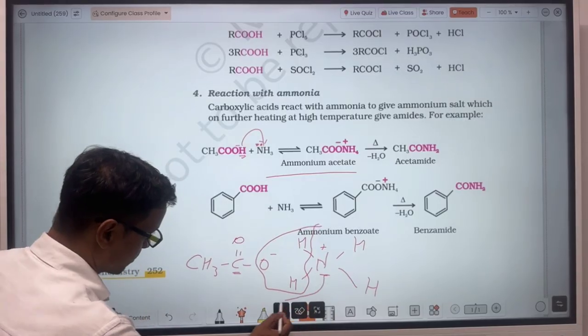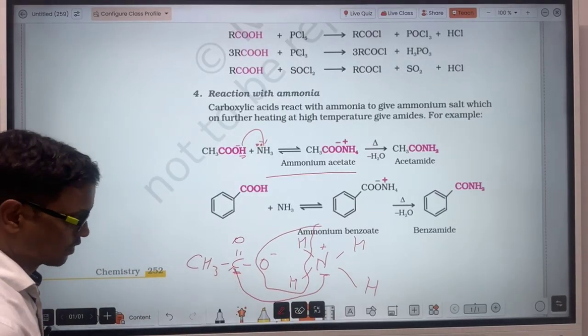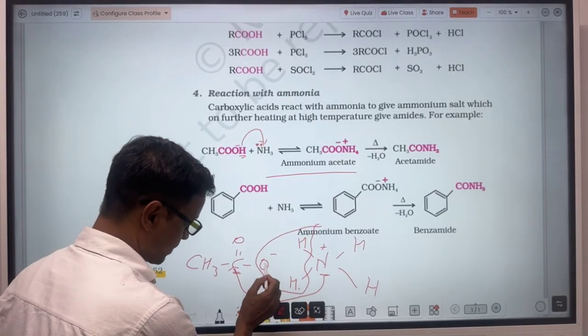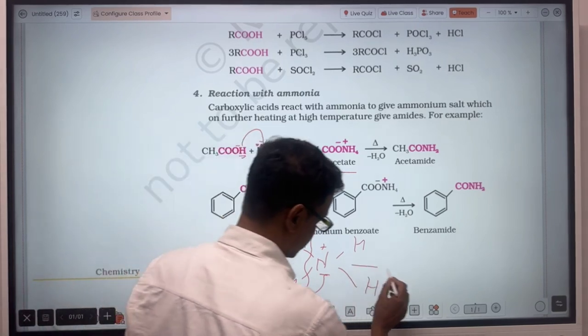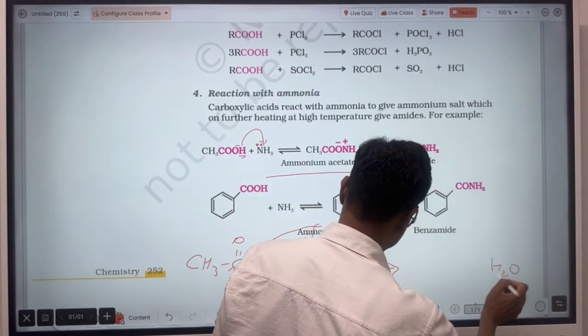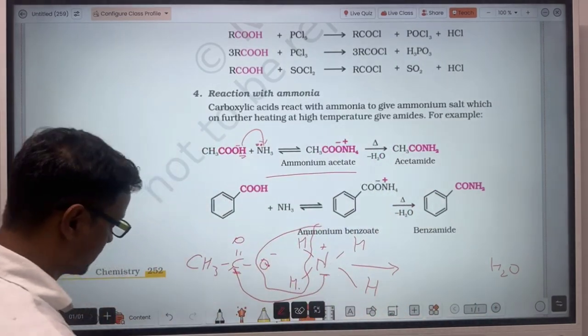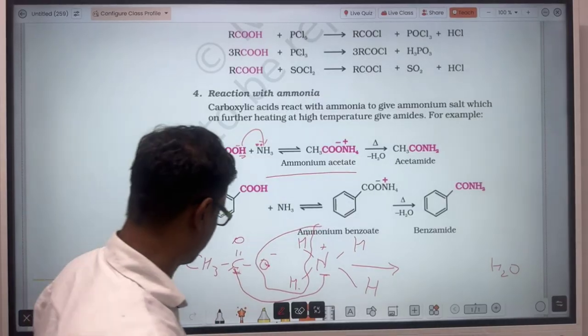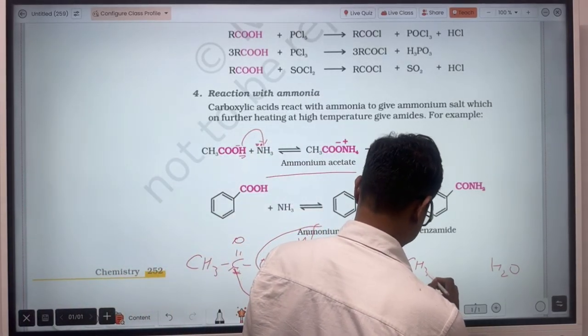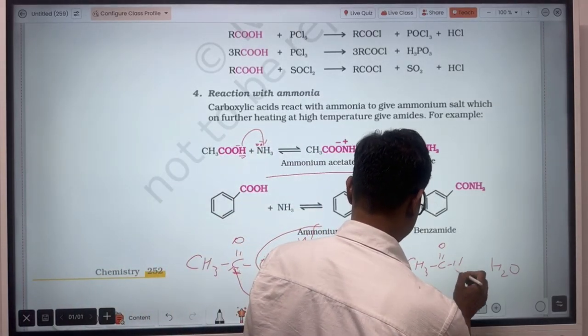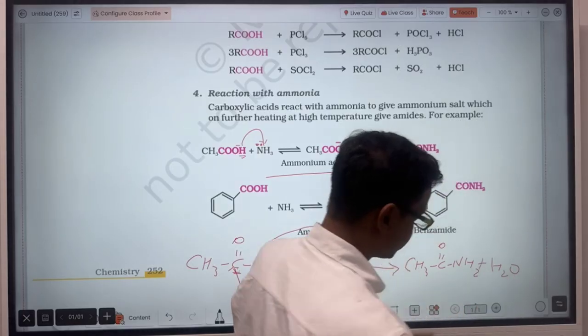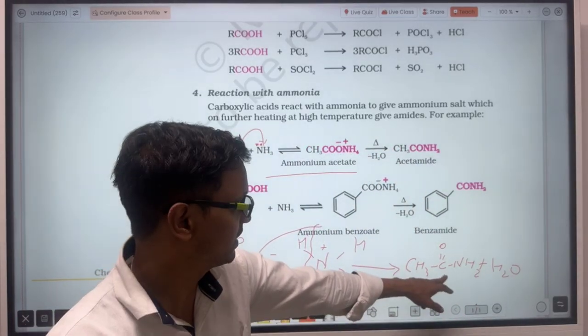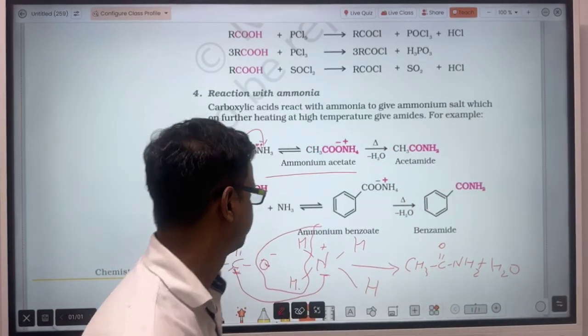So this nitrogen will bond to this carbon. So what was happening? These 2 hydrogen was combining with this oxygen. So there was formation of H2O, and this NH2 get bonded to this acylic carbon. So compound become. So there is formation of amide here, its name ethanamide, and water.